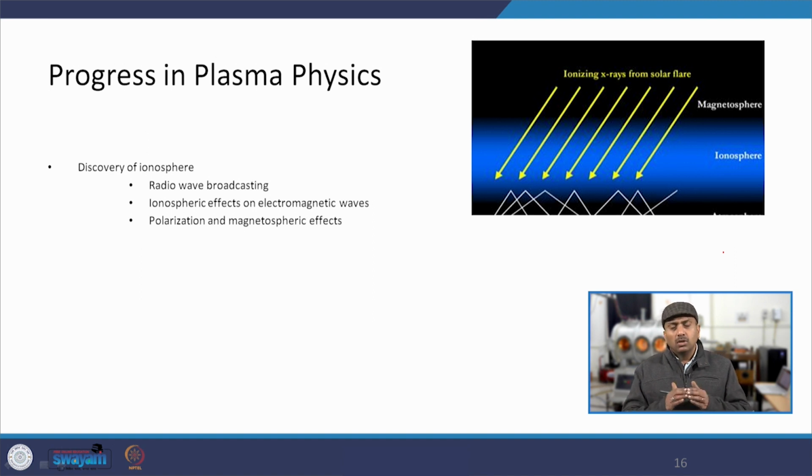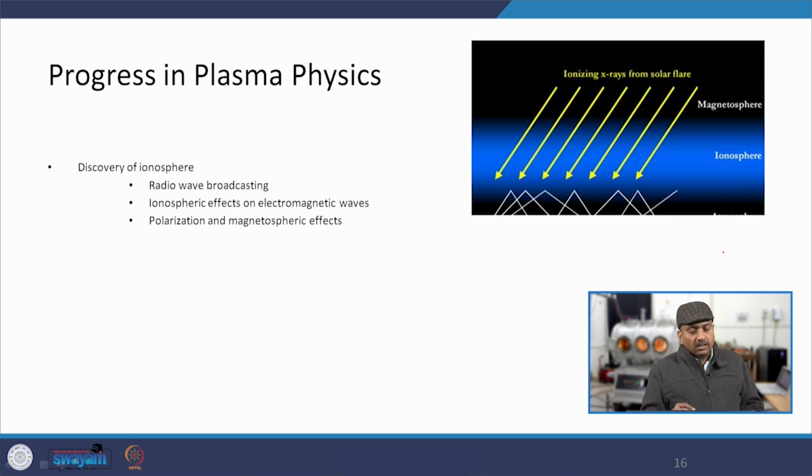By using suitable frequencies, it may be possible to use this plasma layer as a mirror in the sky, and we can achieve long distance radio wave communications by using the ionosphere. Having said that, it becomes fundamentally important for us to understand this conducting layer, and to understand that layer, you have to use plasma physics.